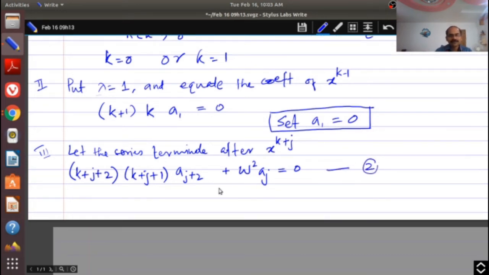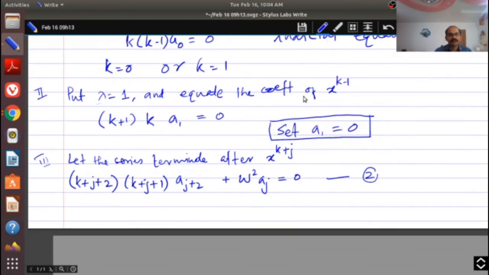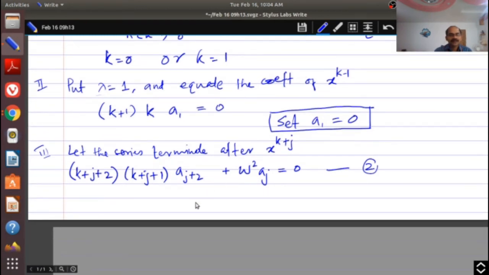What is interesting? There is a recurrence relation. If you know a j, you can calculate the a j plus 2th term. And it will ensure that after x raised to k plus j, these two terms will vanish. So let's write a j plus 2.